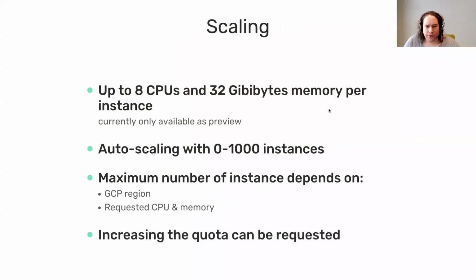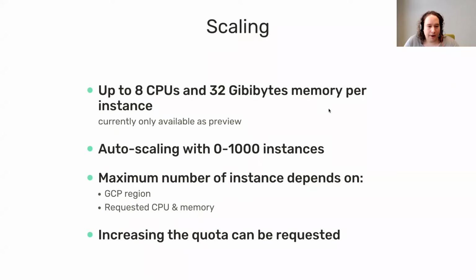I would say that the scaling is quite suitable for most applications. You can really assign many CPUs and much memory for a given instance. And there's an auto scaling implemented.